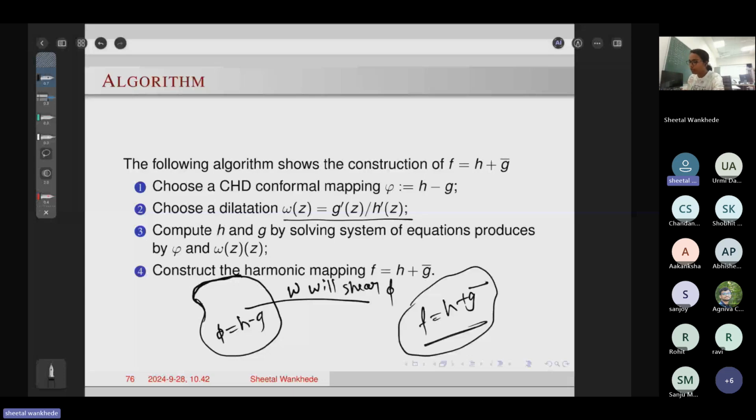So analytically, how do we do it? We choose this analytic function phi, which is denoted by h minus g, and we choose this dilatation w, which is g dash by h dash. Now we solve this system of equations. We can take the derivative of this, and we can find h and g by solving this system of equations, and we can construct this harmonic mapping using this h and g as h plus g bar.